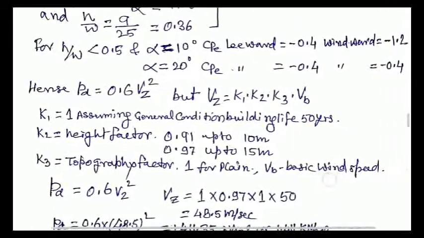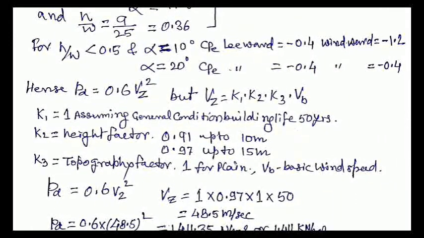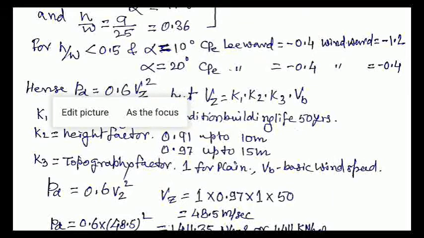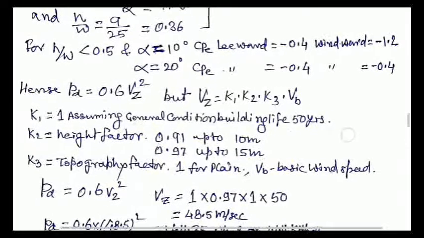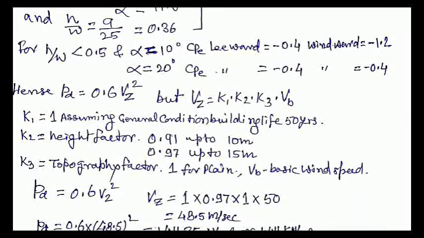Now for H by W less than 0.5 and alpha equal to 10 degrees, we can find the coefficient of external pressure. On the leeward side it will be minus 0.4 and on the windward side minus 1.2.